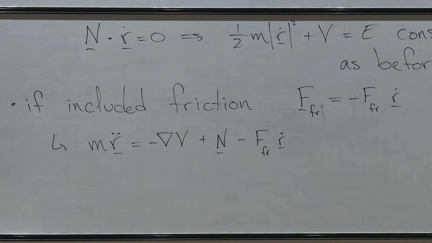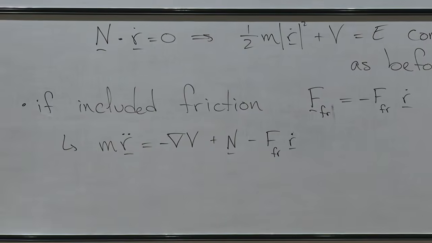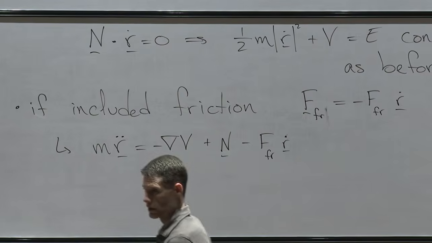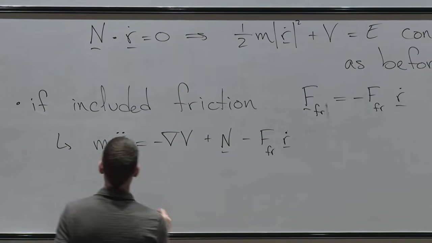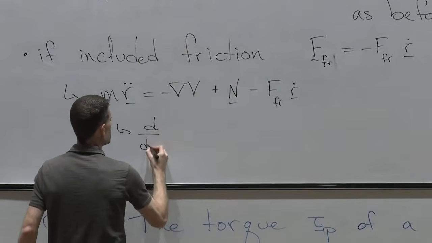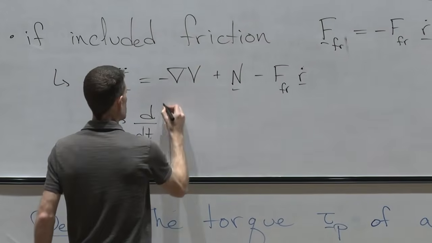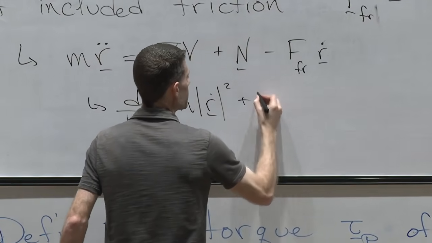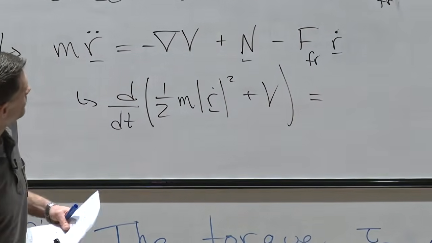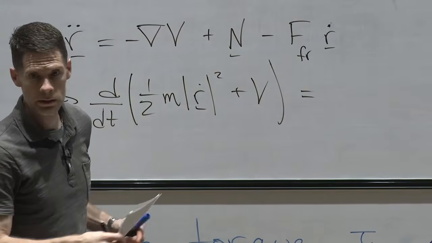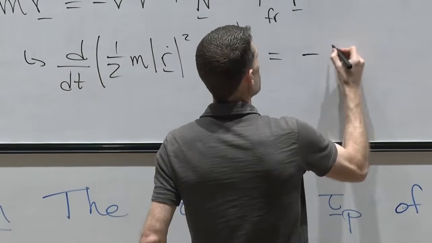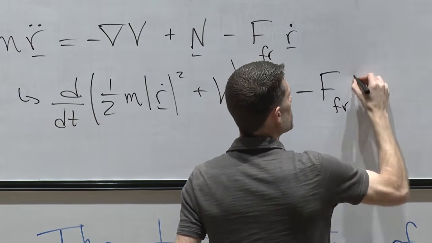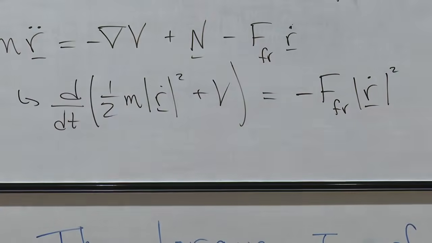Let's do the same steps. Multiply that thing by r dot, put the V on the other side, the n dot r dot goes away, and our conservation of energy is no longer d dt equals 0. Now it becomes d dt of one half m r dot squared plus V equals this thing dot r dot, which is minus F friction with r dot squared.